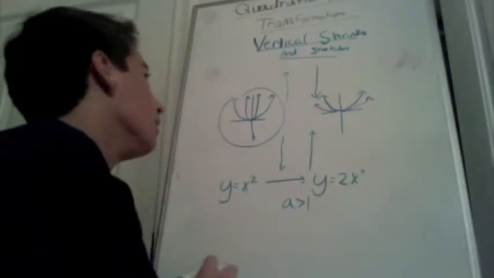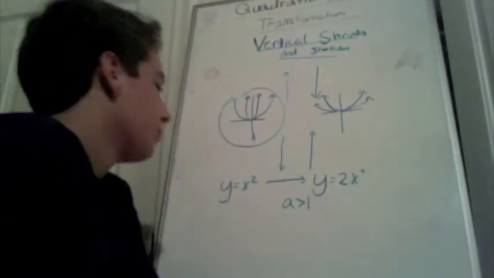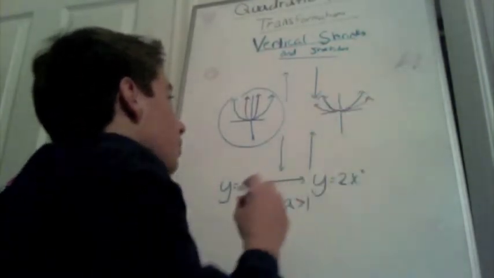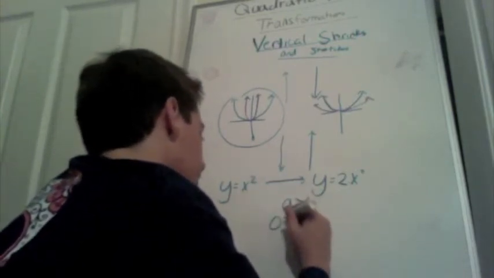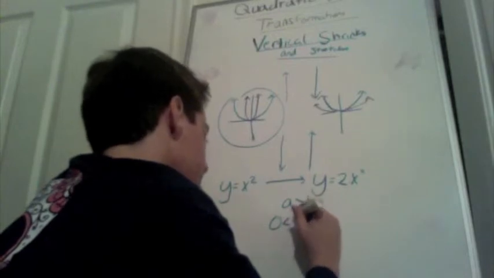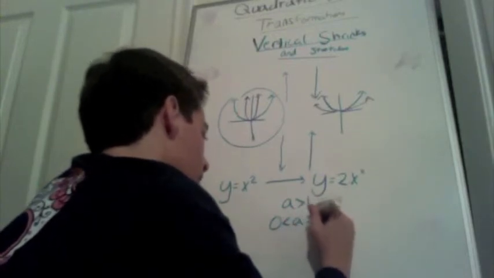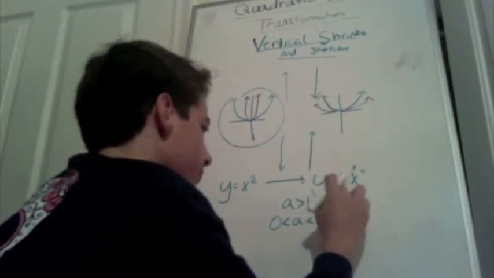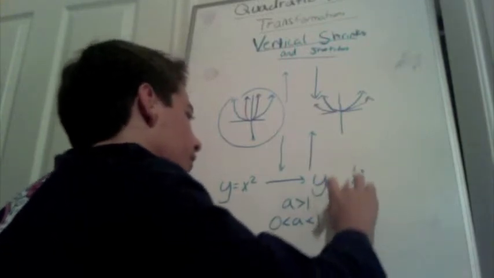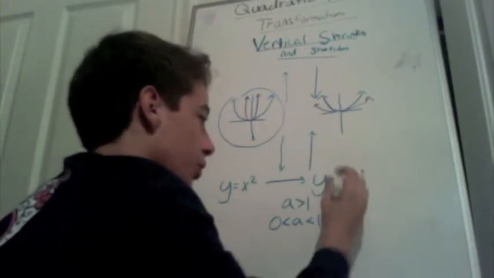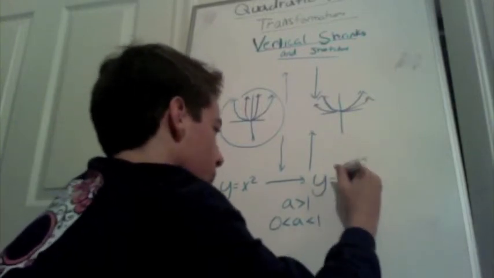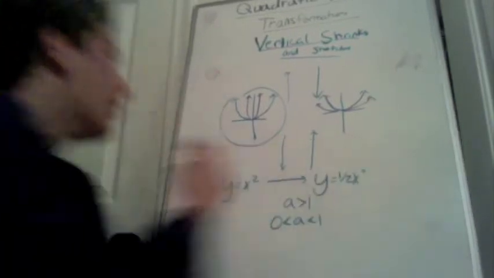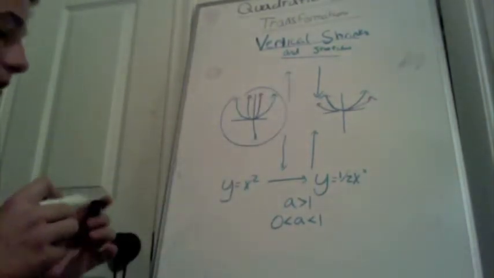That would be a vertical stretch. Now, for a vertical shrink, your a is going to be between 0 and 1. So let's say our new a is 1/2. That would be a vertical shrink.